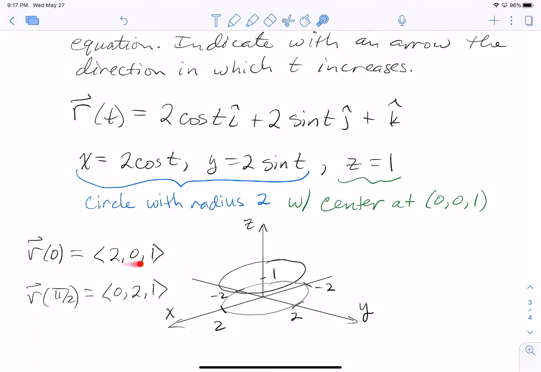So r of 0 lies above the x-axis. r of pi over 2 lies above the y-axis. And so we can see that the circle is moving in the counterclockwise direction if you're viewing it from above.